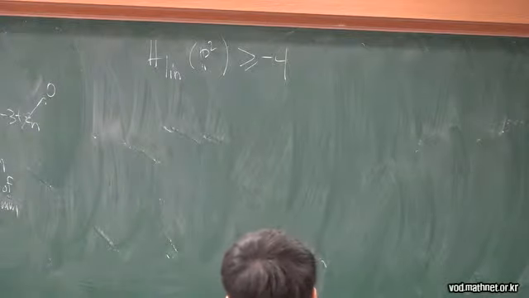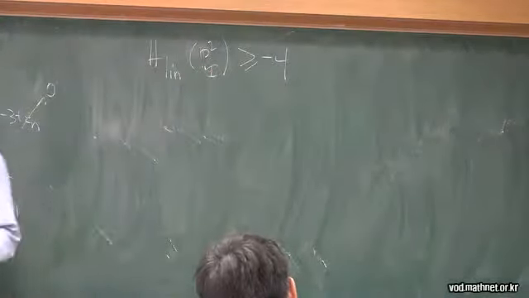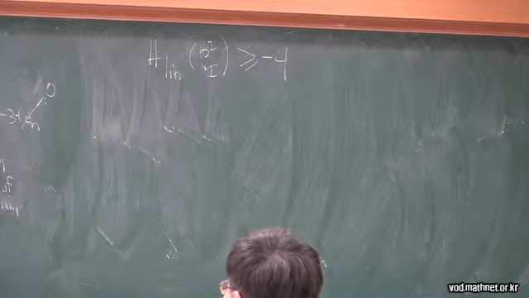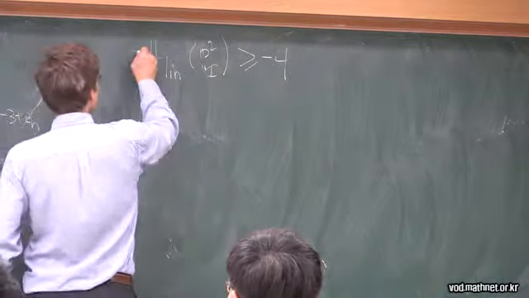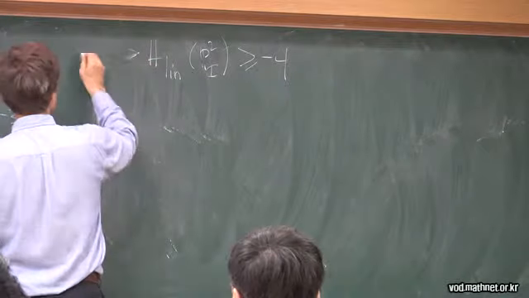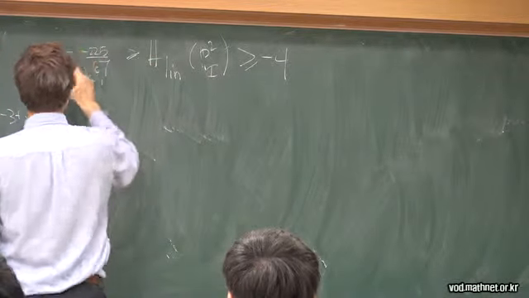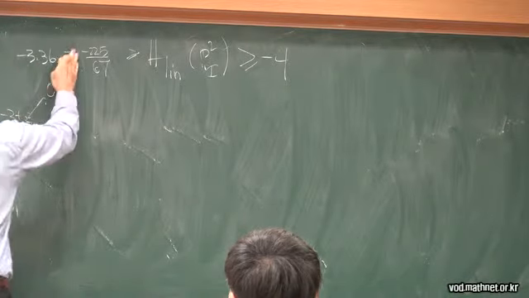Over the complex numbers, it's bounded below by -4. And by looking at examples, it's no bigger than -225/67, which is approximately -3.36.